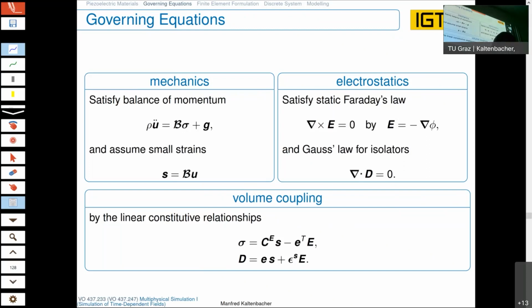So, as I have told you, we have a mechanical system where we have the balance of momentum. So we have here the inertia force, we have here our P operator, the differential operator, operating on the mechanical stress and any volume forces.